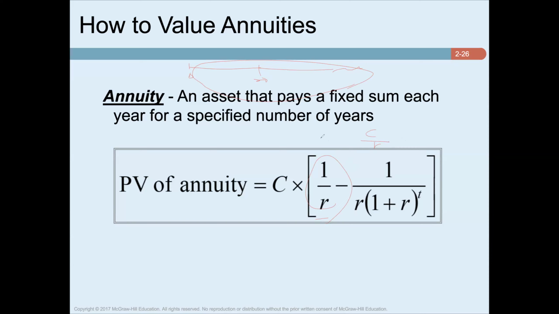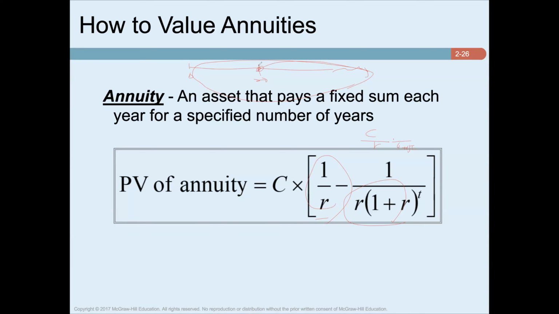So this part here is C divided by R, right? And then this one is C divided by R, and then divided by 1 plus R to the power of T. So that means we calculate the value from here to here.